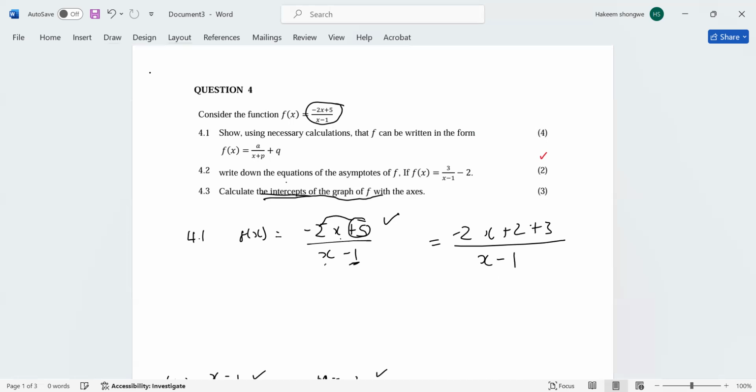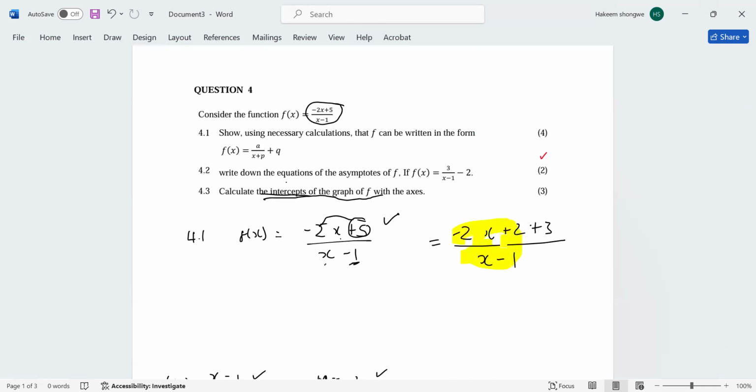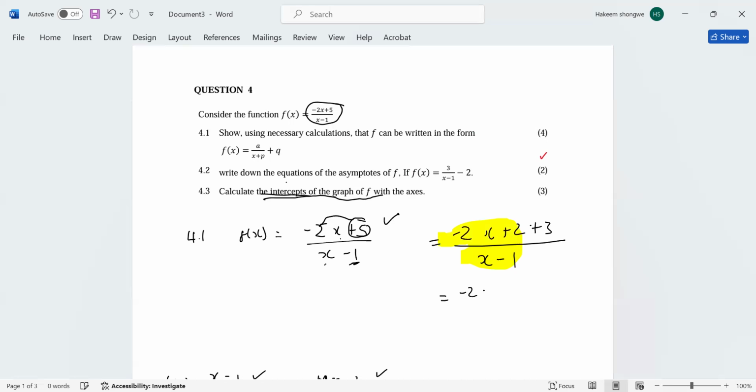And then from there onwards, it's a matter of choosing which terms can be written together. These two can be written together: minus 2x plus 2 all over x minus 1.